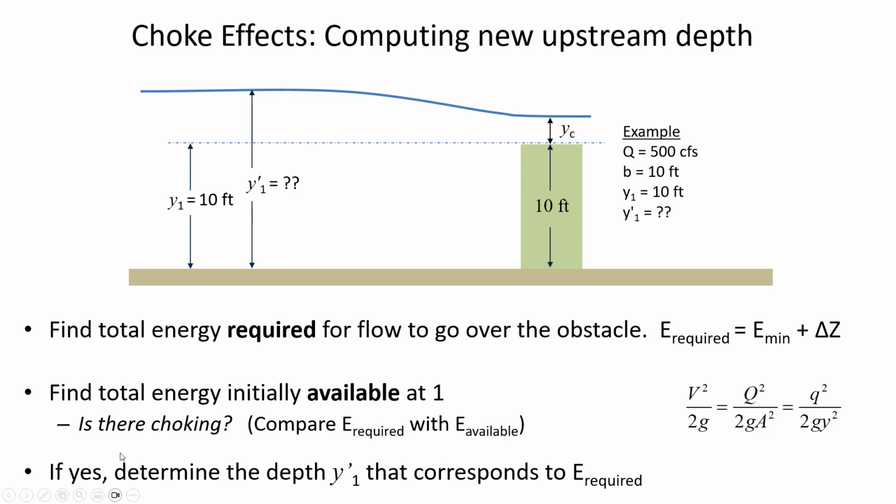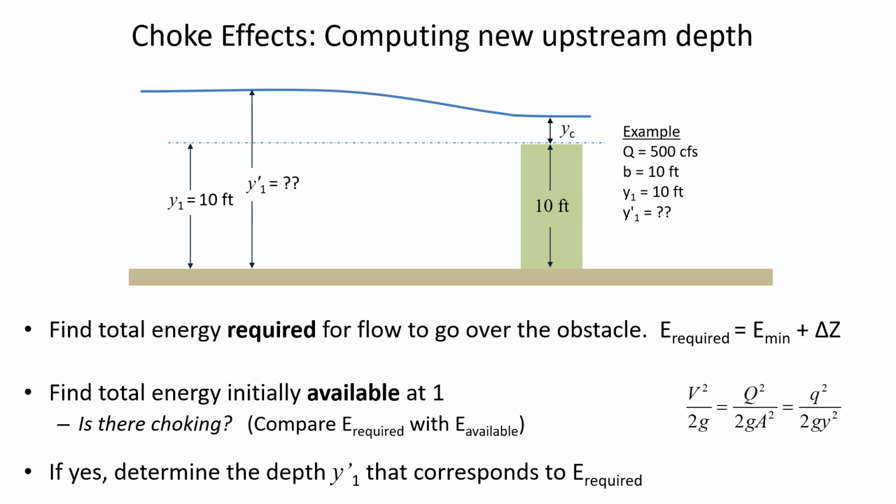So now the question is, what will be the new depth? Like, how deep should the water get to overcome that obstacle? So it's just specific energy analysis again. Let me write this on the board. Specific energy analysis in this illustration where the water depth has to pool, we know that it's going to be flowing at y prime 1.